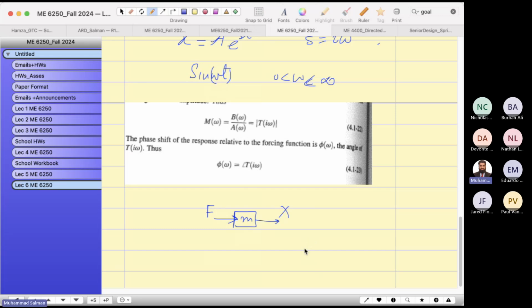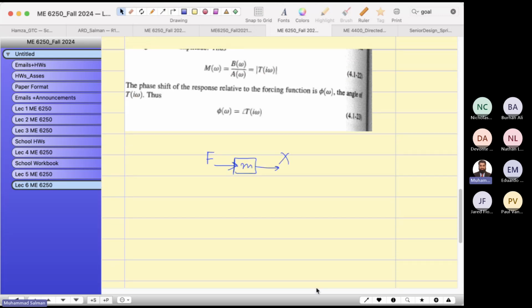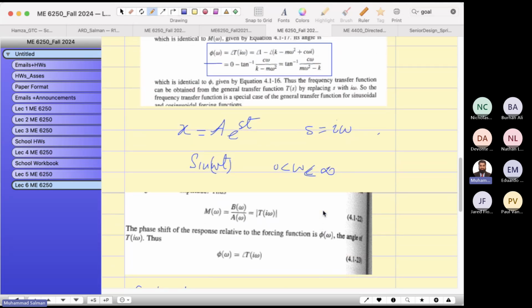So the magnitude ratio M is defined by the output over input, for example a static value, like if you take the forcing function as sine omega t. So over here, what is the magnitude ratio equal to?